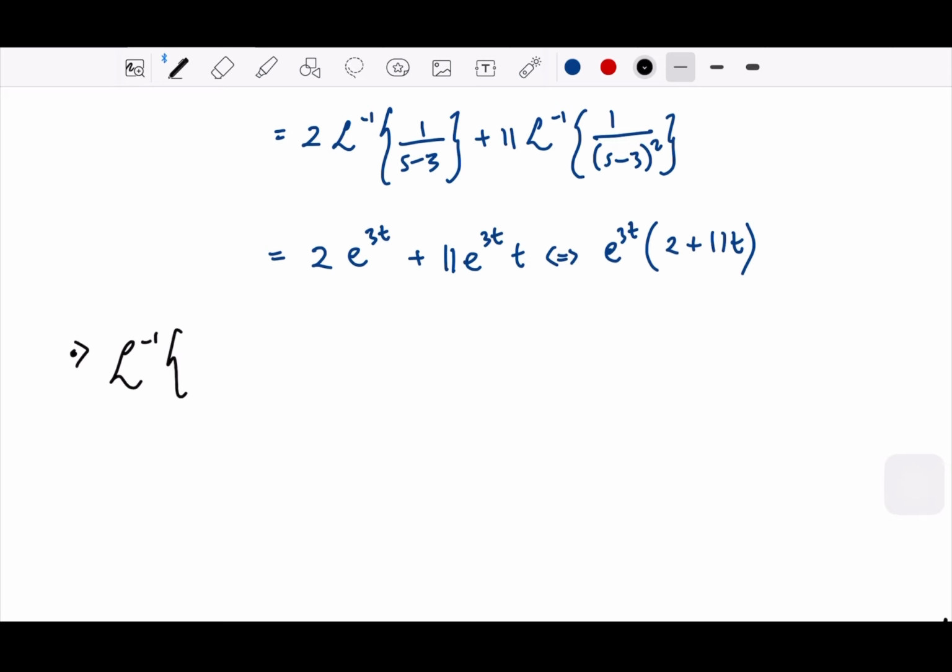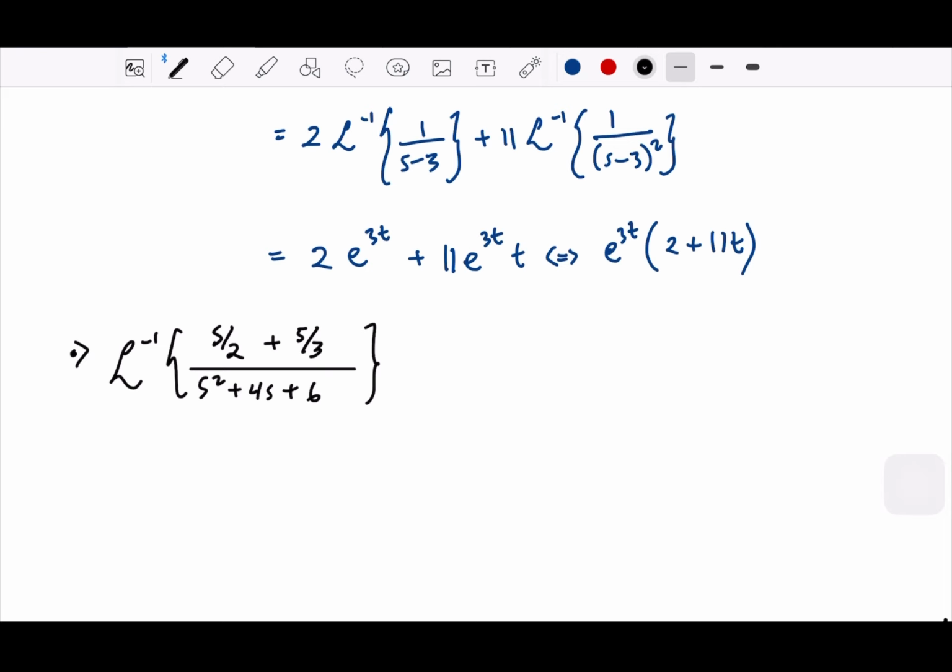Maybe another example. Laplace inverse of (s over 2 plus 5 over 3) over (s squared plus 4s plus 6). It is a little bit of an awkward fraction, but let me just write it first. Okay, I think we need to look at this equation and rewrite it algebraically.